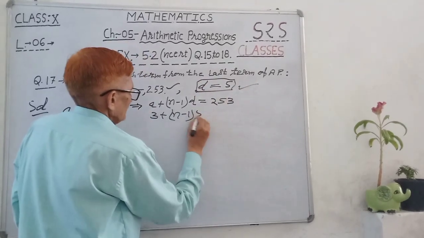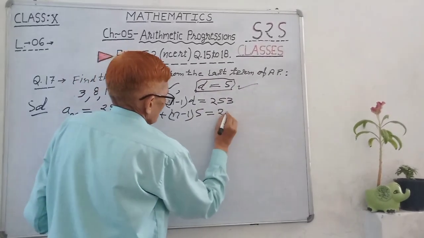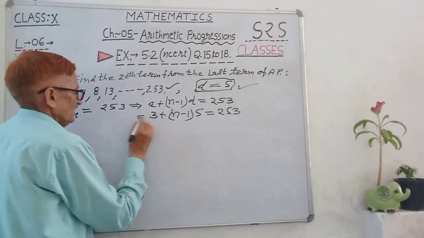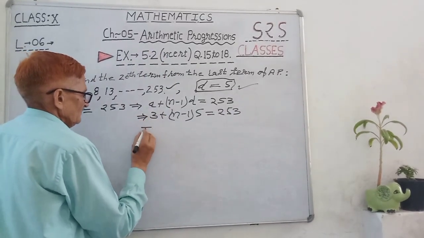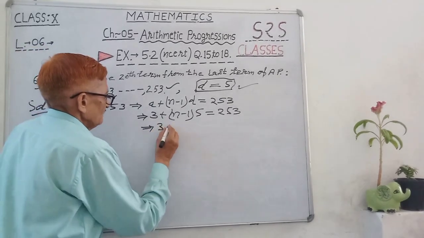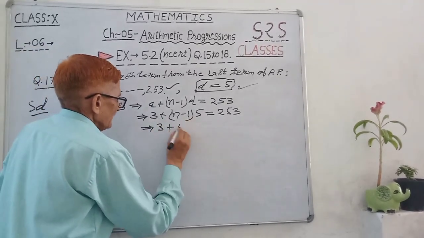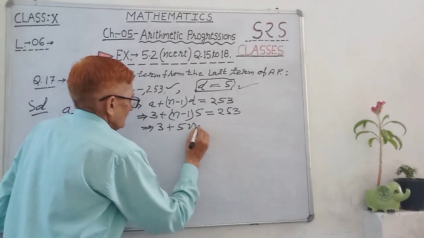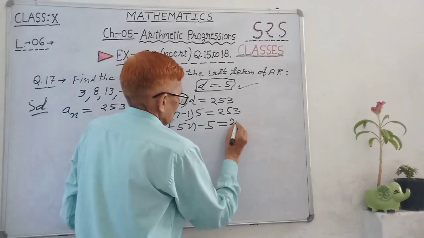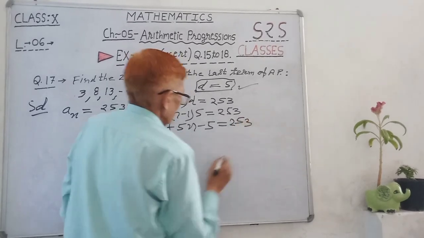Put here 5 is equal to 253. Solving, 3 plus 5n minus 5 is equal to 253.